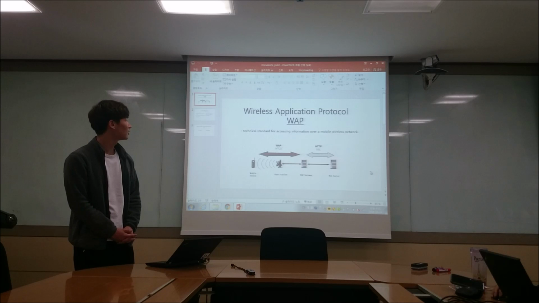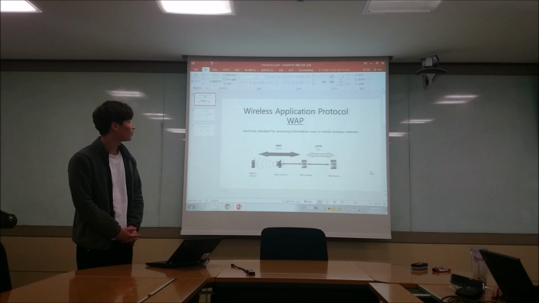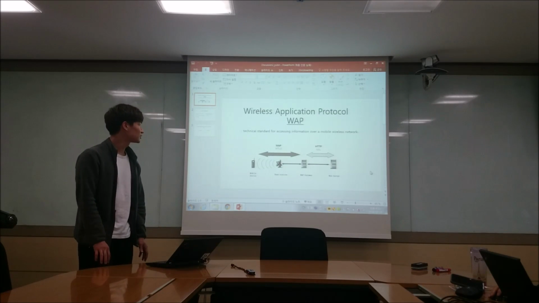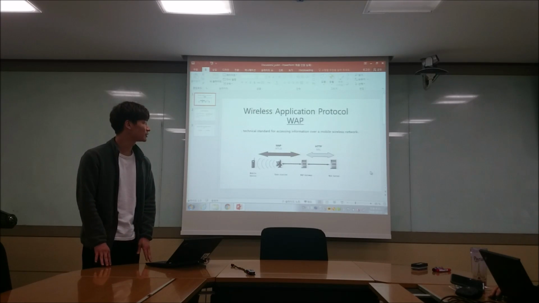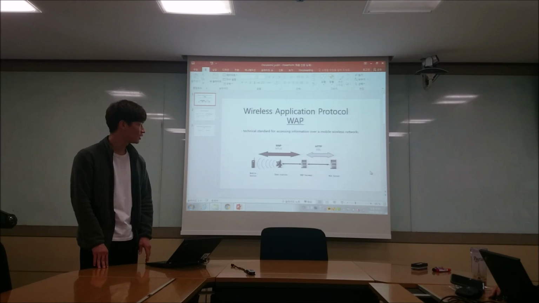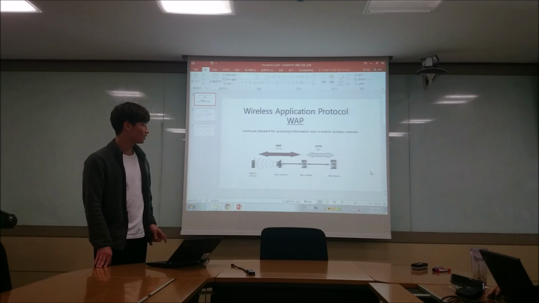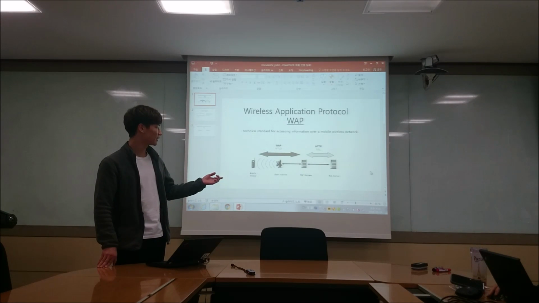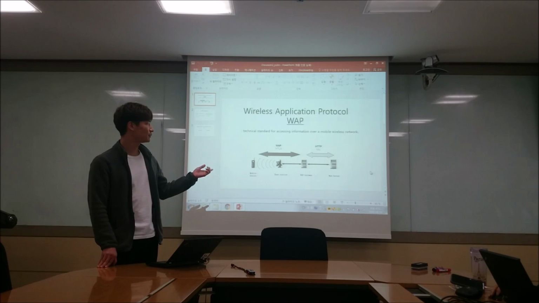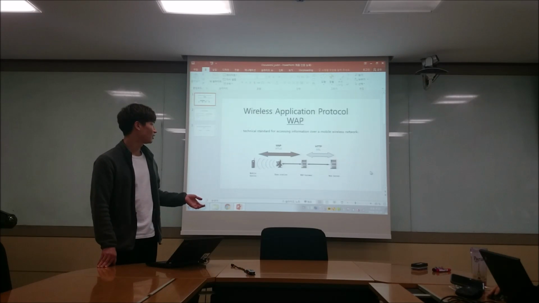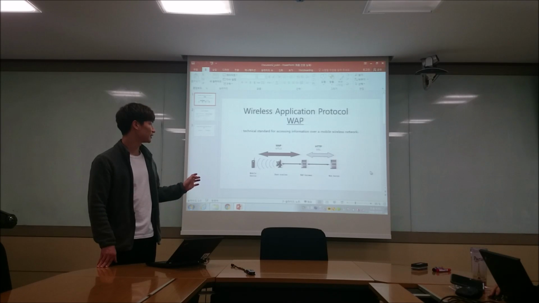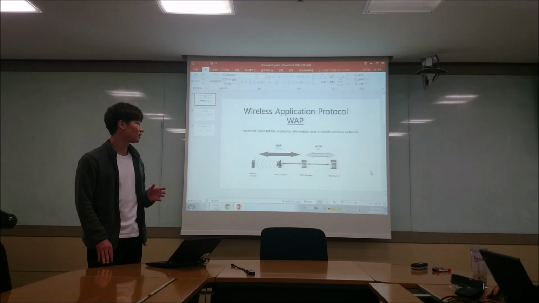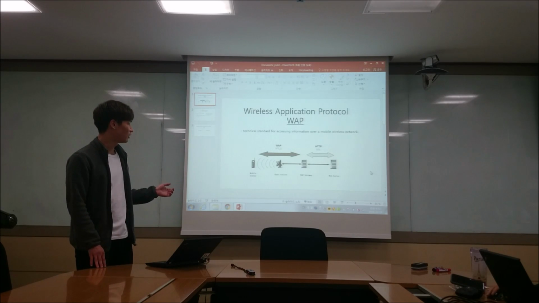Today's topic is about wireless application protocol, WAP. It is the technical standard for accessing information over a mobile wireless network. You can see this picture. The data is transferred to the WAP gateway using HTTP like that, and then we can transfer the data using WAP in the wireless environment to the mobile device.